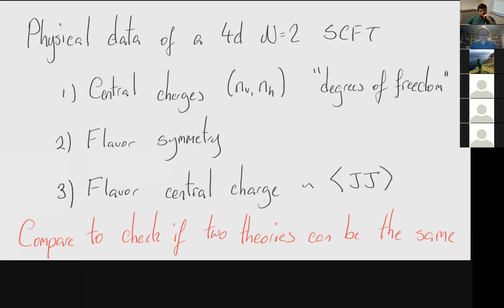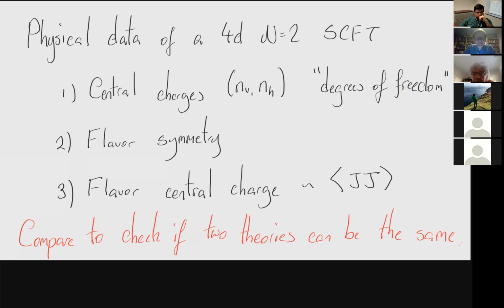May I ask a question? Yes, please do. I wonder, in a 4D theory, you can consider weak coupling, right? For example, in N=4, you can deal with weak coupling. In your original six-dimensional theory, I'm not sure.